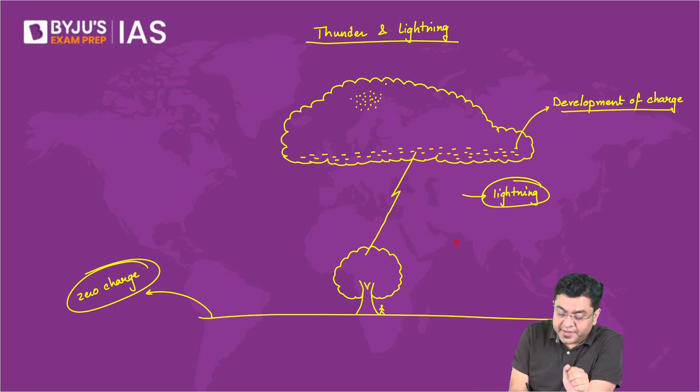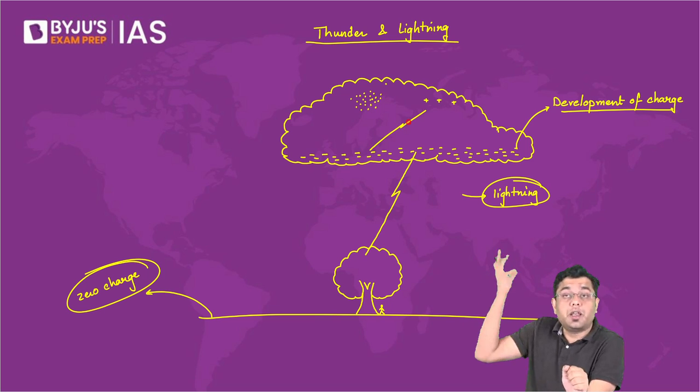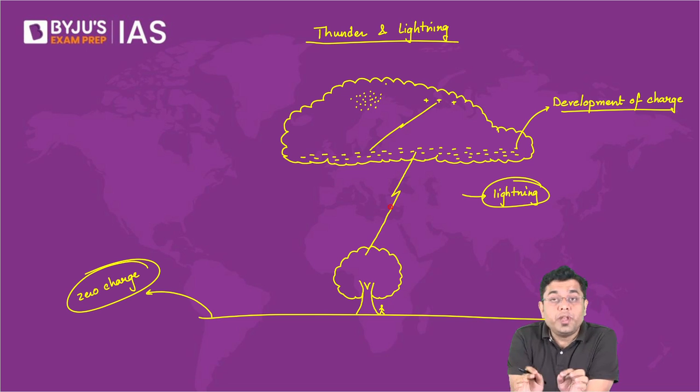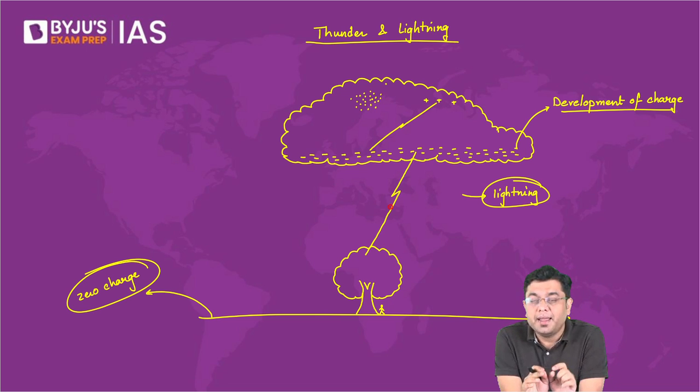So sometimes it can also happen that you have development of charge within the clouds, and the lightning can happen within the cloud itself. That is when you observe the clouds experience lightning themselves. So around 80% of the lightning happens within the clouds itself. Only around 20% of these lightning events happen from the cloud to the ground.